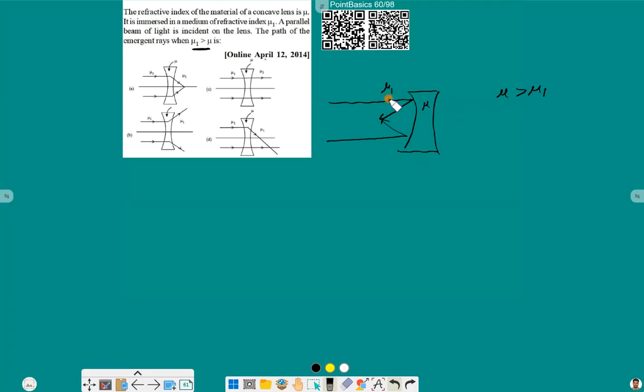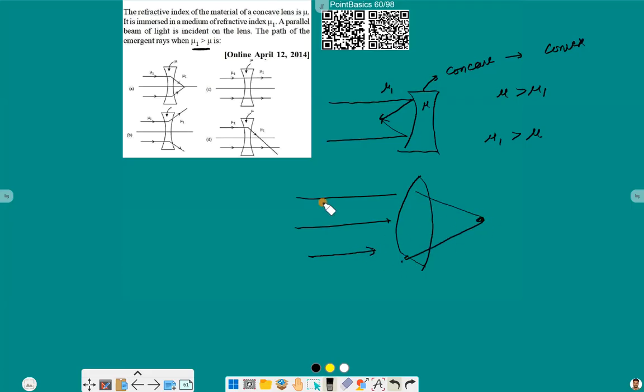Now if we reverse the refractive indexes, so that mu1 becomes greater than mu, then this concave lens will behave like a convex lens. So what will a convex lens do to a parallel beam of light? It will focus it on the other side. That is shown in option A, so option A will be the right answer here.